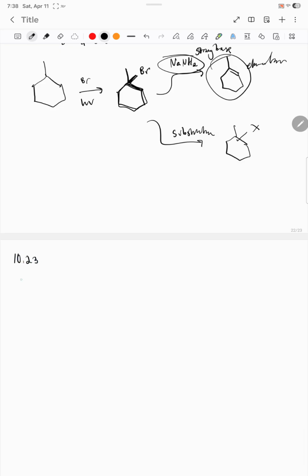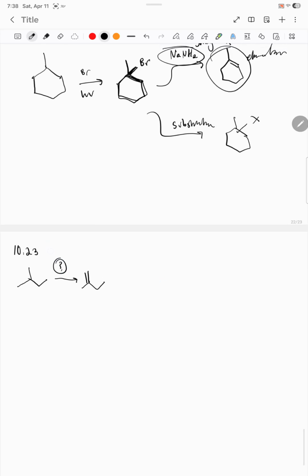As a last side note, we will see what we can do here. Let's say we want to do this. What are the steps we can use now? If we want to do elimination, there's got to be a halide, because that's what we learned so far.